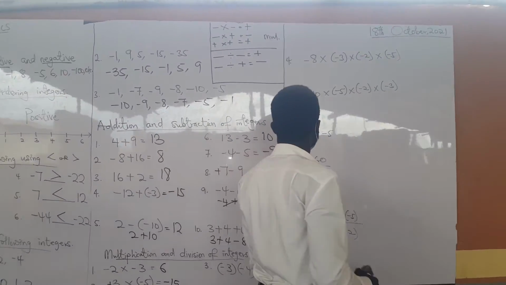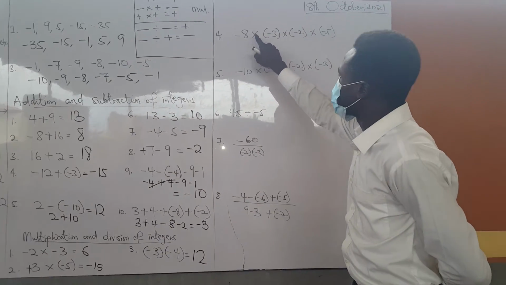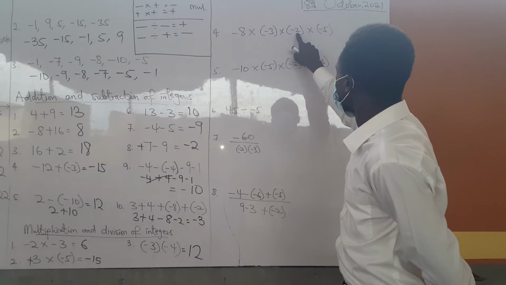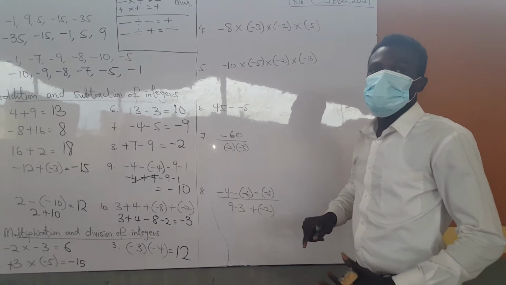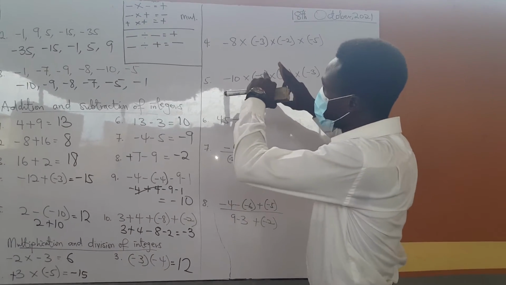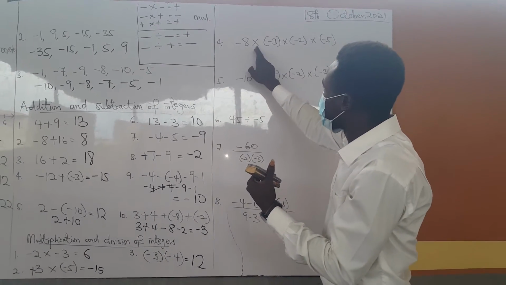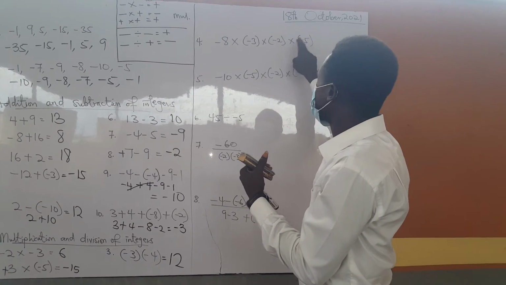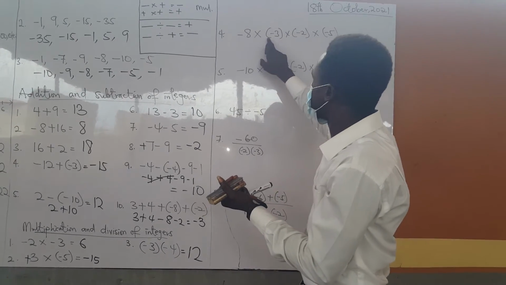Then let's look at the last side. We have negative 4 times negative 3 times negative 2 times negative 5. Somebody might choose to multiply it by putting 2 into bracket, so negative 8 times negative 3 times negative 2 times negative 5. Let's say I want to multiply this times this.